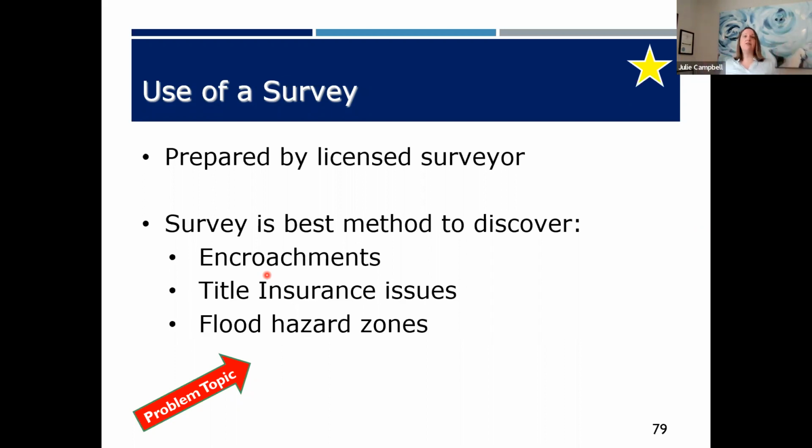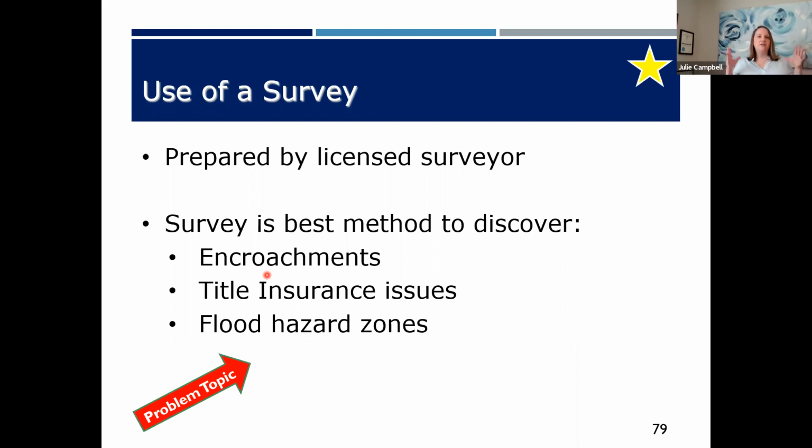Does that say, oh yeah, as long as you're looking at the fence, you're fine? No, because the only thing we know by looking at a fence is that somebody put a fence there. Y'all, I've had buyers tell me they don't need a survey because of the mow line. They could have hired like a 14-year-old to cut the grass. Do you think the 14-year-old knows where the property lines are? Are they getting close enough? My point is that we can't eyeball it.